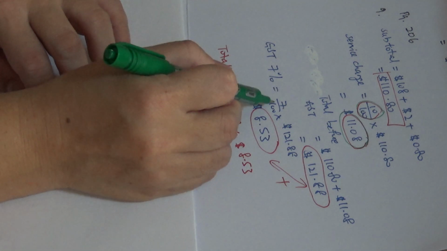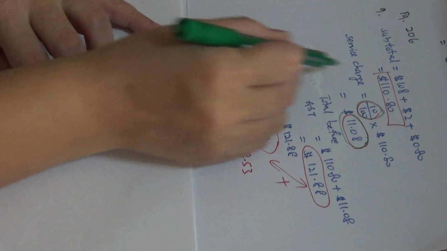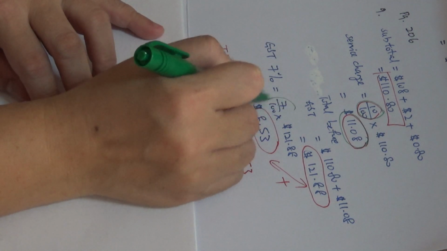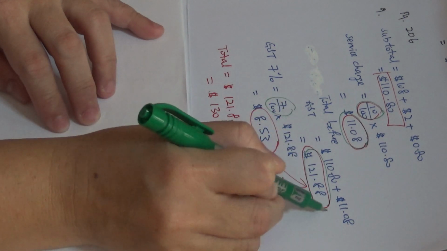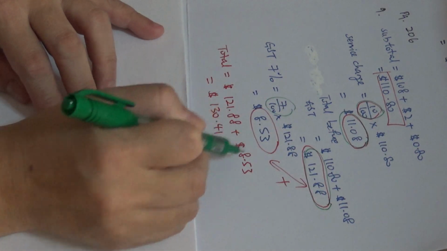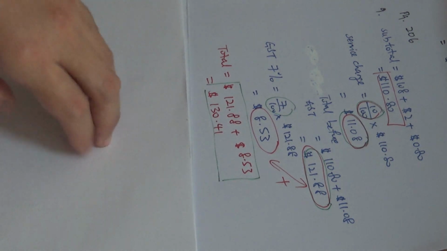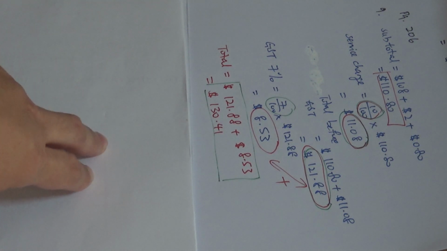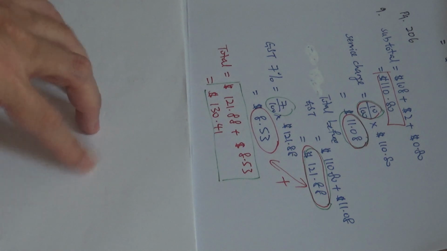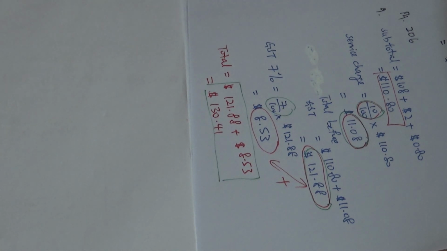GST of 7% is charged after the service charge, so it's 7% of this amount, so you get this. The final amount is, you add everything together, you will get 130.41.